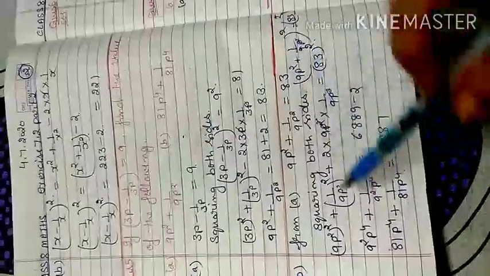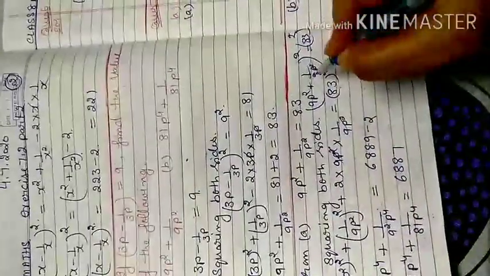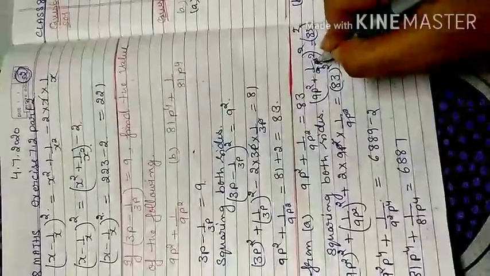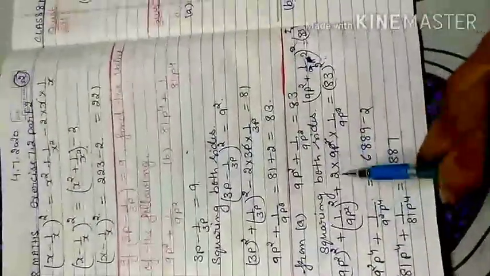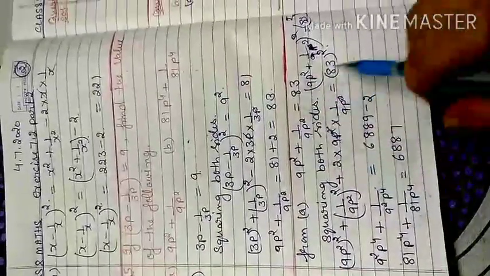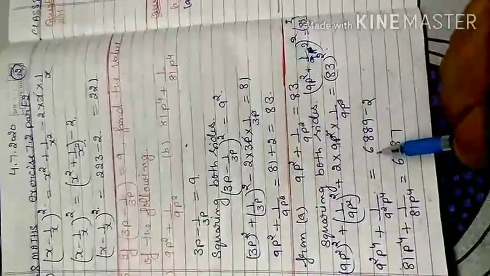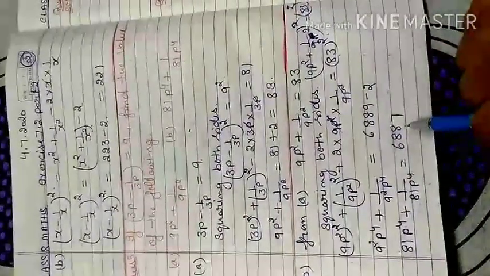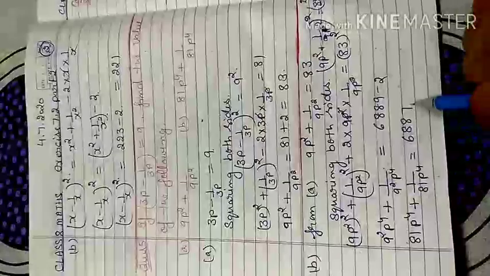So this will go: first term square, second term square, this is 9p square. Second term square, 2 into first term into second term. This term will be cancelled, only 2 is left. That is shifted to another side. 83 square is 6889. Subtracting 2 from that gives you 6887.